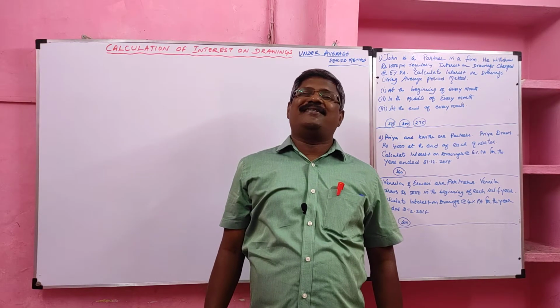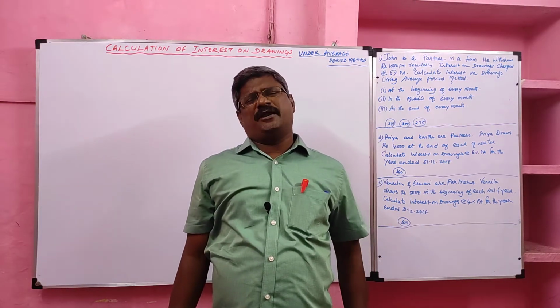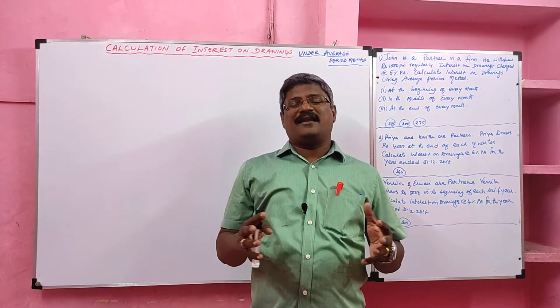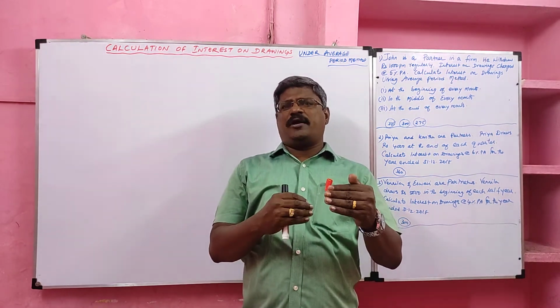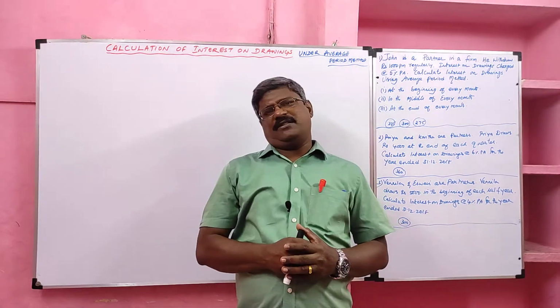Students, now we learn the last method called the average period method. When will we adopt the average period method? When drawings are regular, the frequency between two drawings is uniform, we have to adopt the average period method.